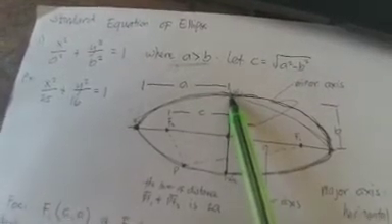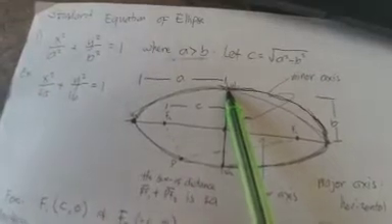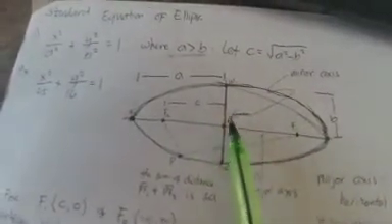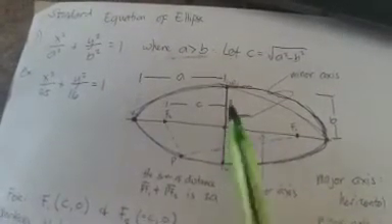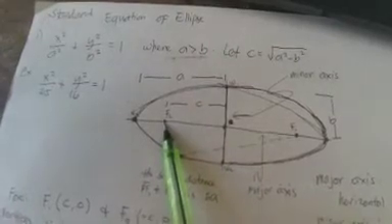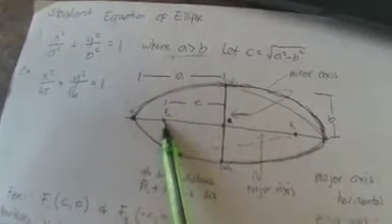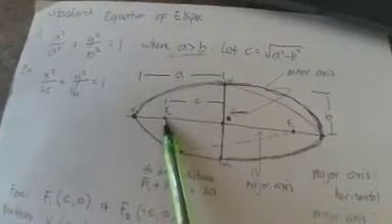Mao na itong gitawag nga co-vertex. Later on ako na siyang i-elaborate. And ang C is the distance from the center of the ellipse up to this point or the focus na discuss na namin nato previous sa parabola.